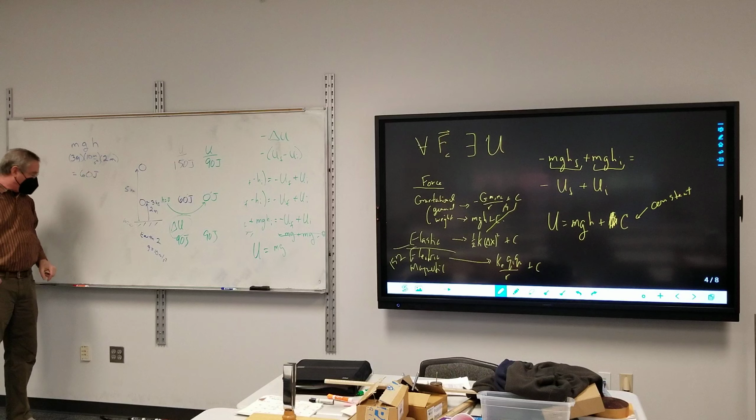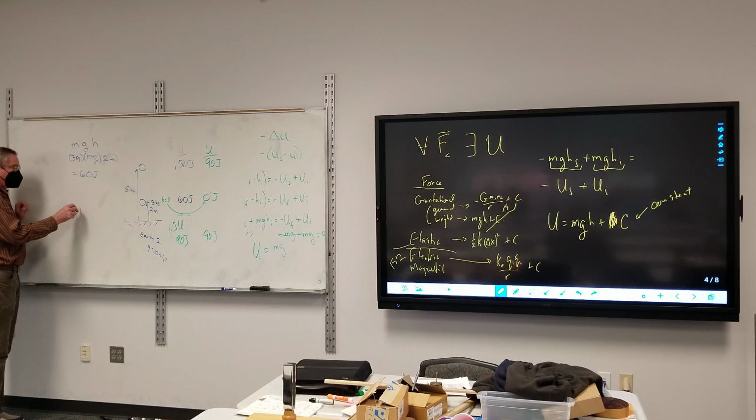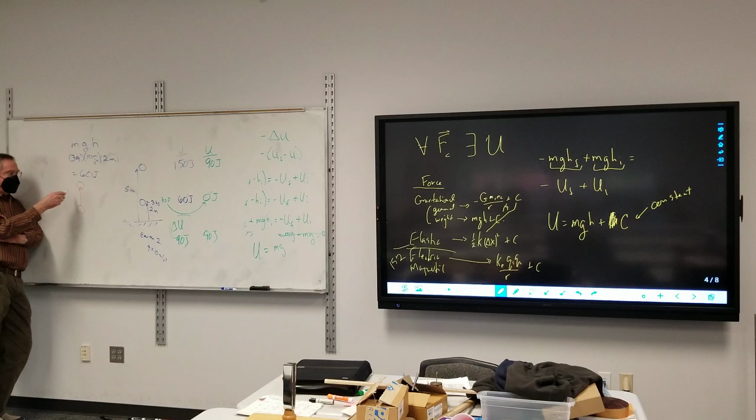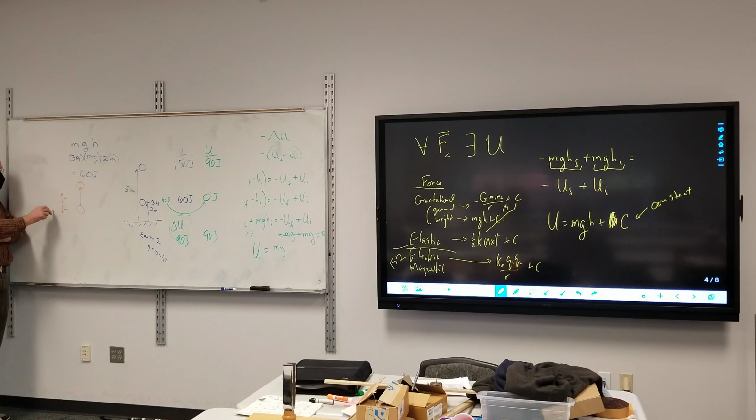So if I move an object from here to here, so let's say that I gain 90 joules of potential energy. The gravitational force is this way, my displacement is that way. If up is positive and down is negative, when I multiply, I'll get a negative number. If down is positive, that means up is negative, I'll still get a negative number. So which way is positive or negative does not affect the amount of work that was done.